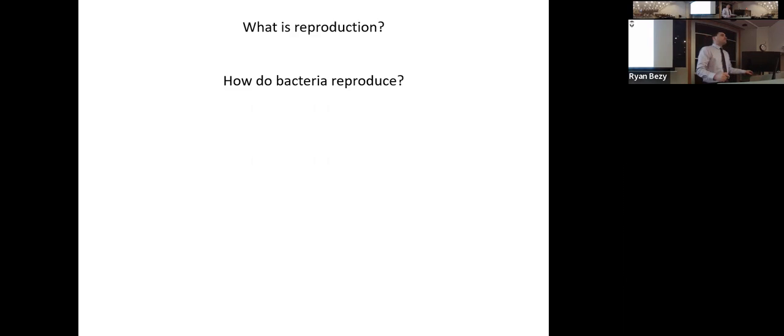Offspring. So when we say reproduction, we're typically talking about some type of parent cell or parent organism. When they go through reproduction, they produce offspring. There are a couple of different ways to define that, but typically reproduction is passing on genes to the next generation. So the most general definition of reproduction is passing on the genetics from one generation to the next generation.